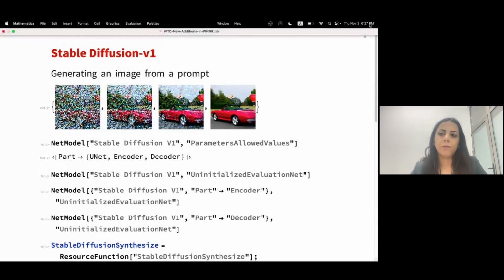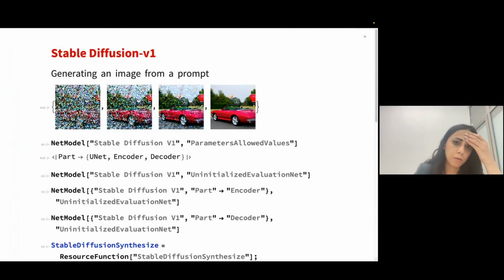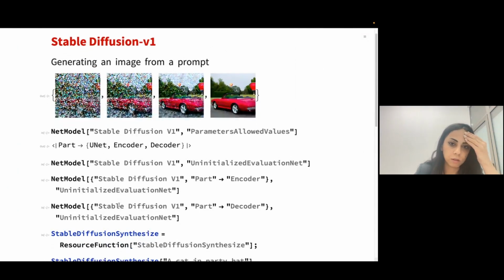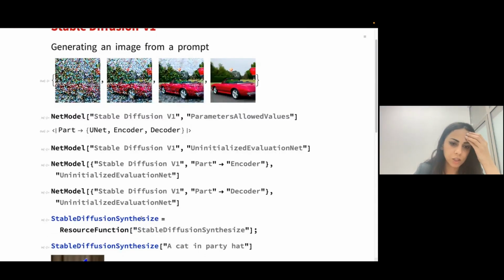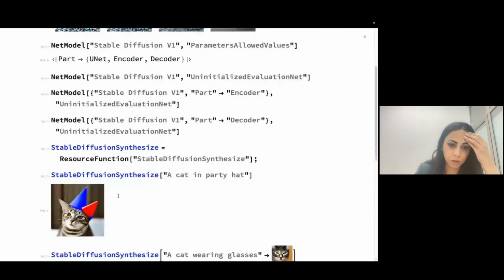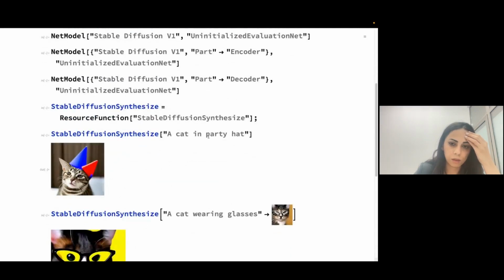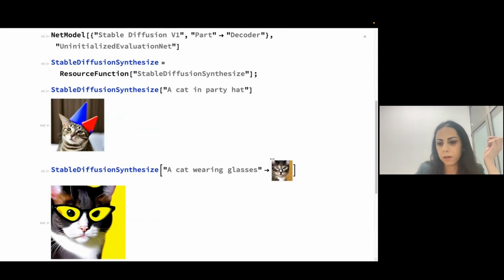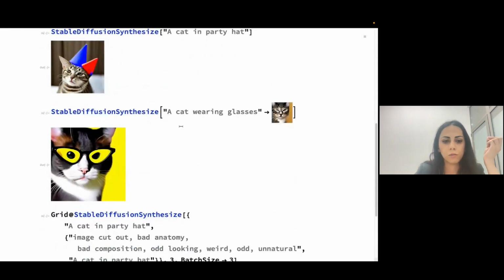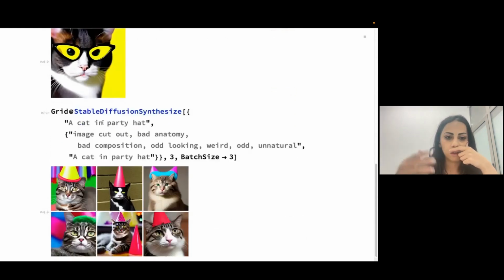And the first model that we have from Stable Diffusion actually comes with the resource function that you can use. If you give just a prompt, it will generate an image, but you can also give a starting image, which would basically generate the image beginning from that. You can specify the batch size. It's quite general.